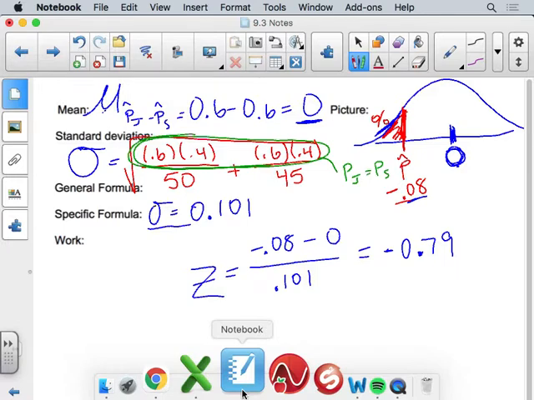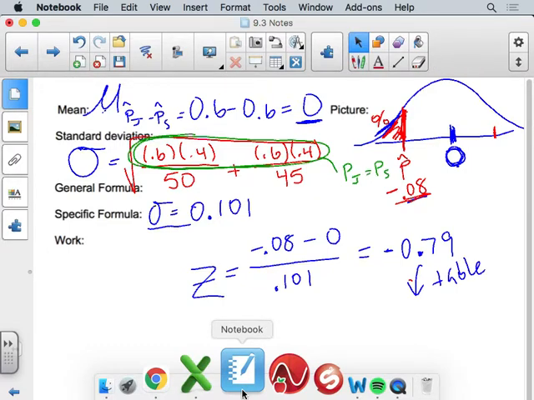If you did this value over here at positive 0.8, you'd get a z-score of positive 0.79. Because it's so symmetric, you're still going to get the same answer, whether you did juniors minus seniors or seniors minus juniors. That's why I said it didn't matter earlier. All right, so you get your value in the table.